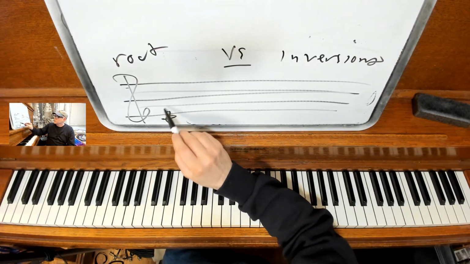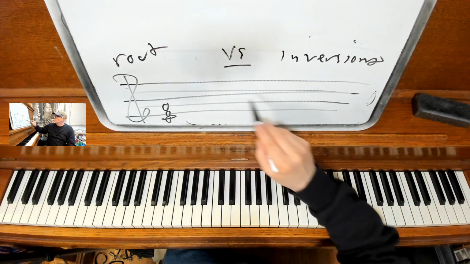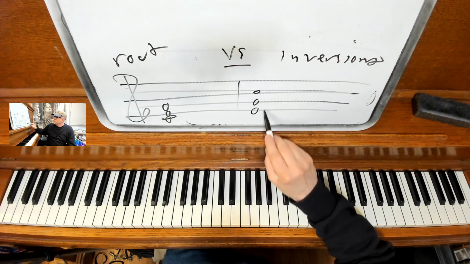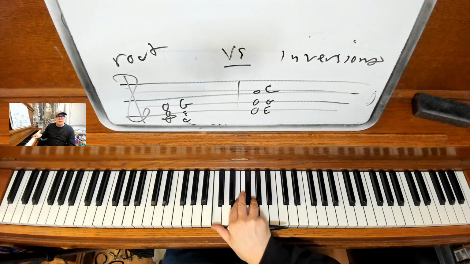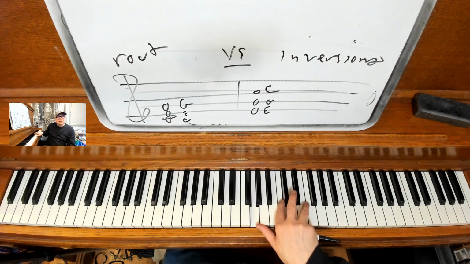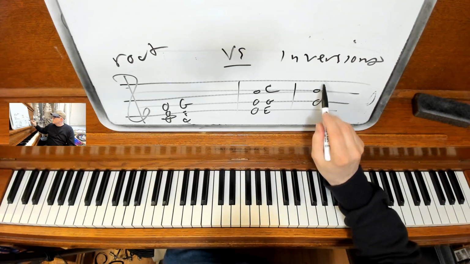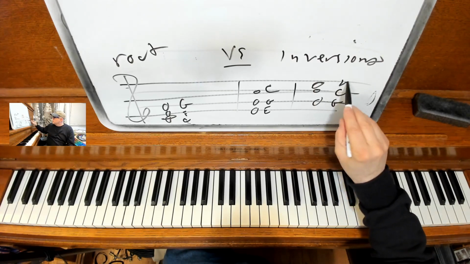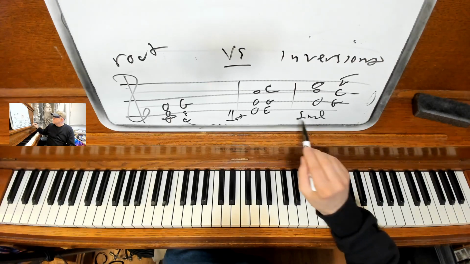The first inversion is E, G, C. Take the C and play it up here. That's an inversion. And then take the E and play it an octave higher. That's another inversion, the second inversion: G, C, E. That's first inversion and second inversion.